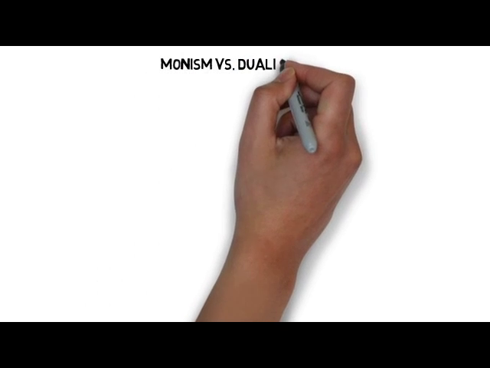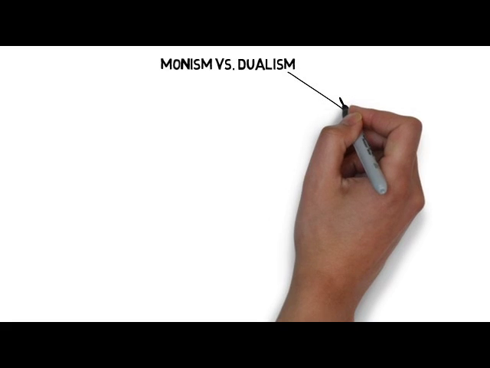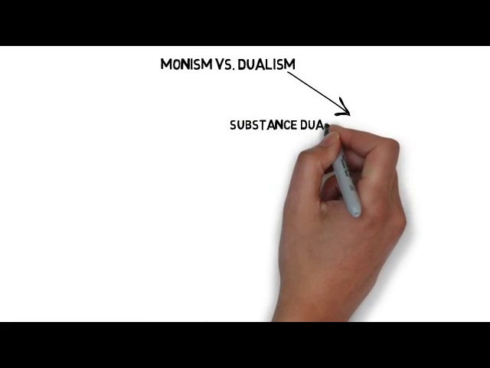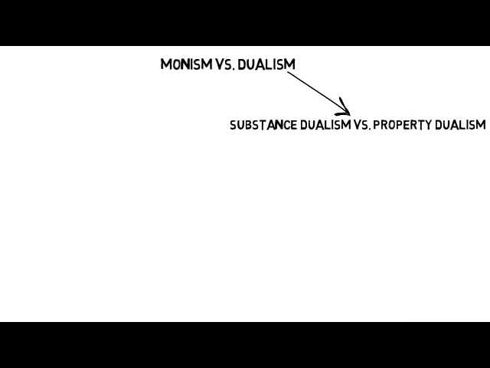Finally, let's sum up. In considering the question of the relationship between mind and matter, the so-called mind-body problem, we started with a contest between monism and dualism. In the case of dualism, there were two main options: substance dualism and property dualism. Today, there are very few substance dualists, since most philosophers and scientists find the idea of a non-material mind implausible.